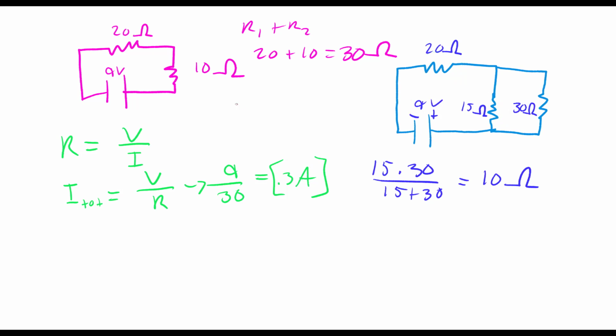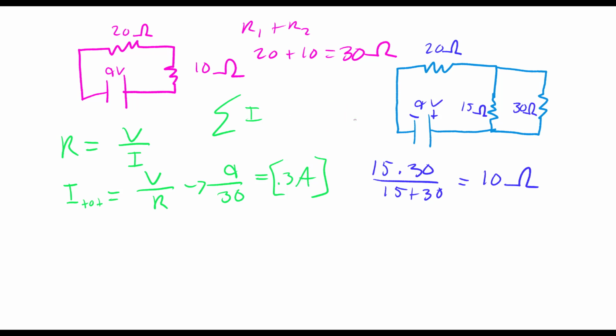Because the current in has to be equal to the current out, right? So we're putting in 0.3 amps, 0.3 amps has to come in, and 0.3 amps has to come out. So 0.3 in, 0.3 out.